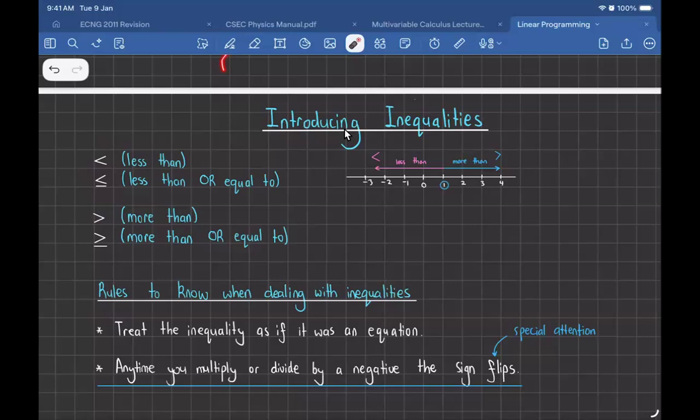Oh, sorry. It's not equalities. That's good that I believe in equality, but we're dealing with inequality today. Okay, I understand. My bad. Treat the inequality as if it was an equation. Anytime you multiply or divide by a negative, the sign flips.